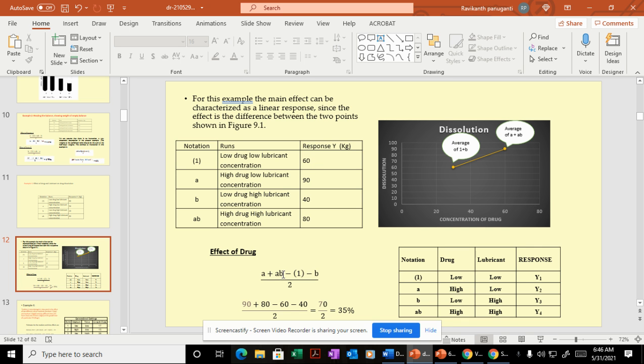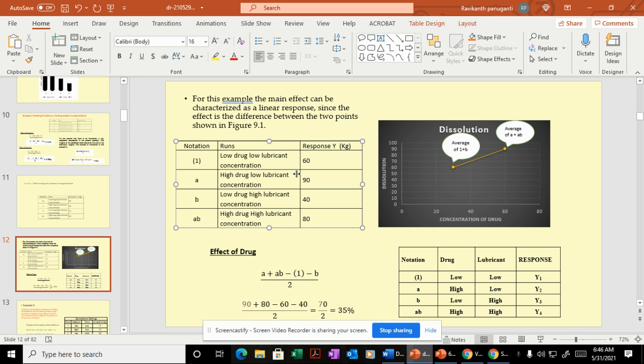In this equation, the first portion, A plus AB: in A we have taken the high level of drug, and in AB we have also taken the high level of drug. So we consider these two as high levels. Run 1 and B are where we have taken the low drug.